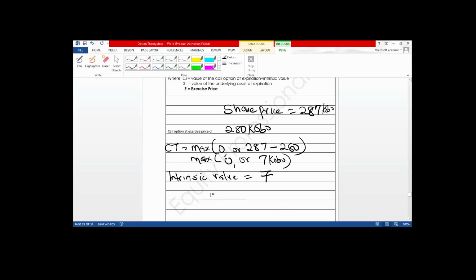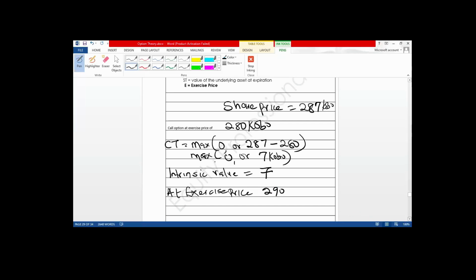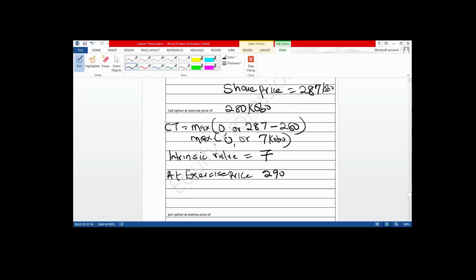At exercise price 290, what is the intrinsic value?